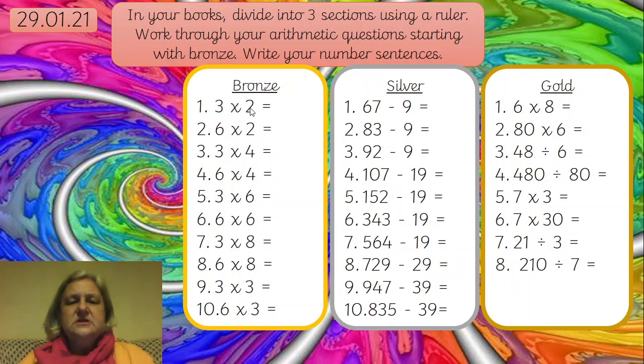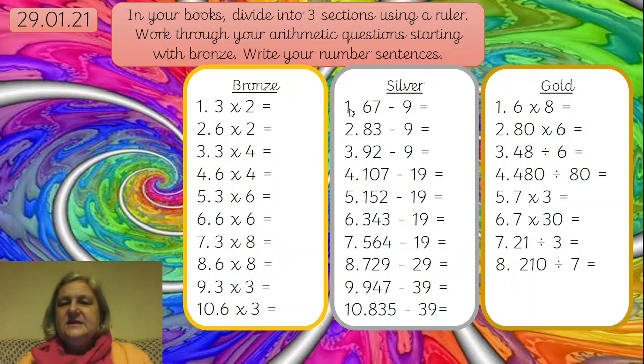So the answer to the first one is 6, so double 6 is 12, and that is the answer to 6 times 2. So if you can do that, then you know you can get your 6s from your 3 times table, which can be handy when you've got quite tricky higher ones. So have a little practice of that today.